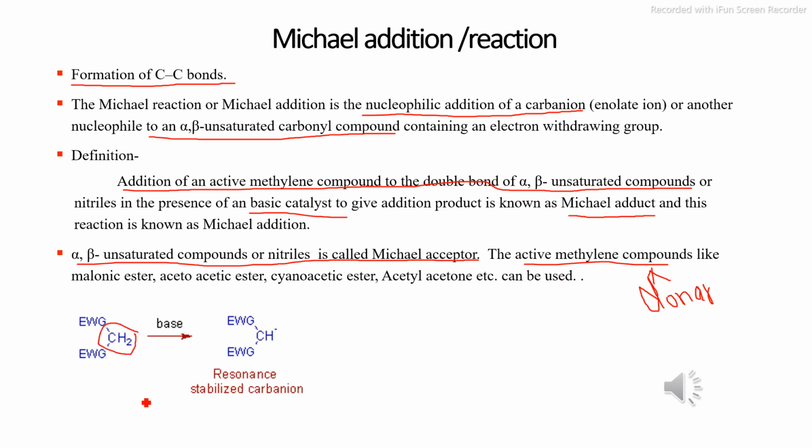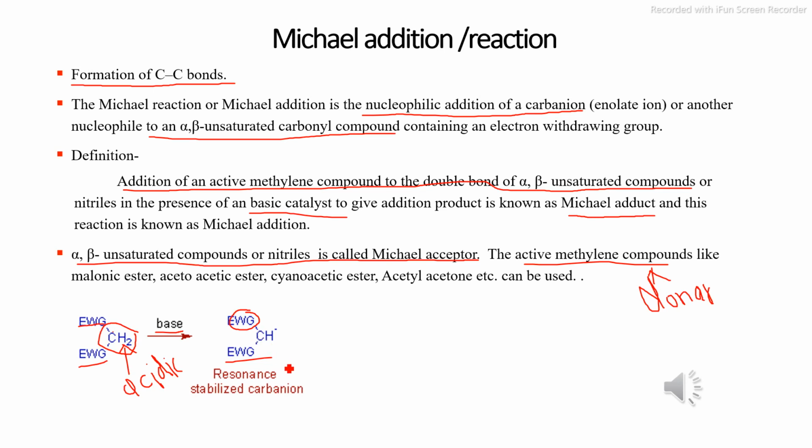When two strong electron withdrawing groups are attached to the methylene group, the hydrogen atoms present on the methylene group are strongly acidic in nature, and therefore if such a compound is treated with mild bases, it easily ionizes and produces the carbanion. Then this resultant carbanion is well stabilized by the resonance of the electron withdrawing groups attached to that methylene carbon.